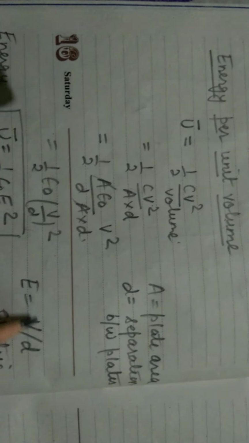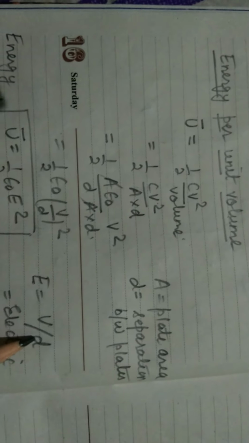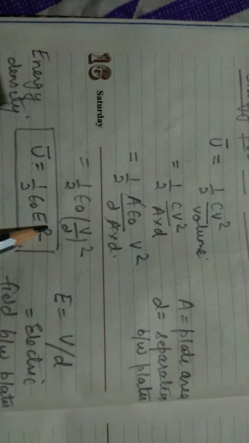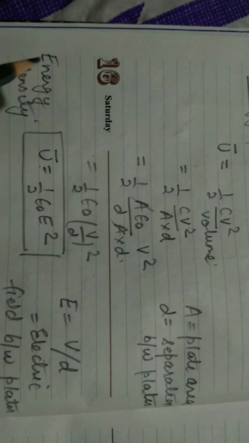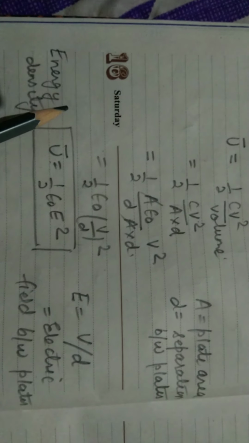Now this V by D, we can say it is the electric field. Electric field is potential difference divided by the distance between the plates. So we get U bar is equal to half epsilon naught E square. We call it energy density as well: energy per unit volume or energy density.